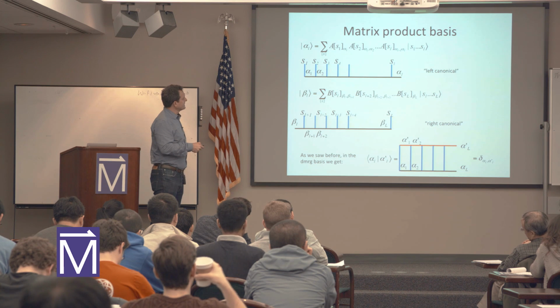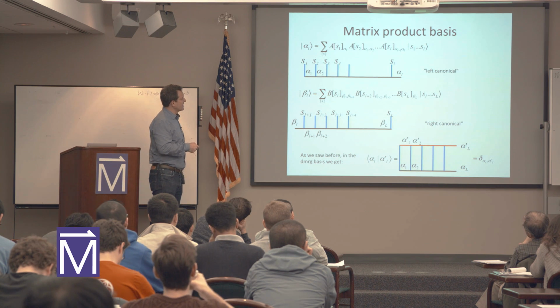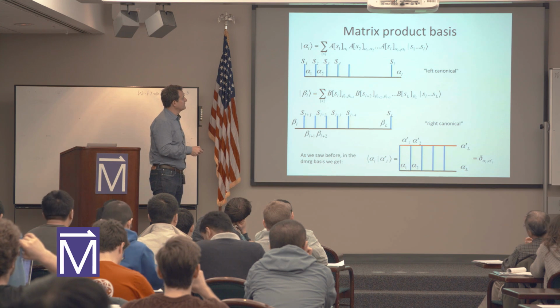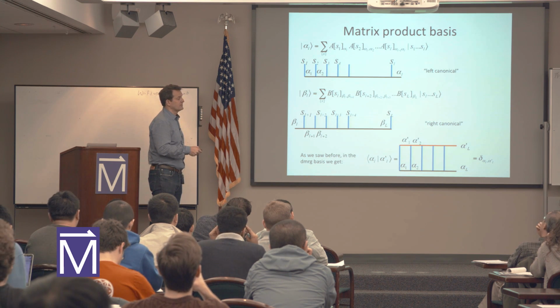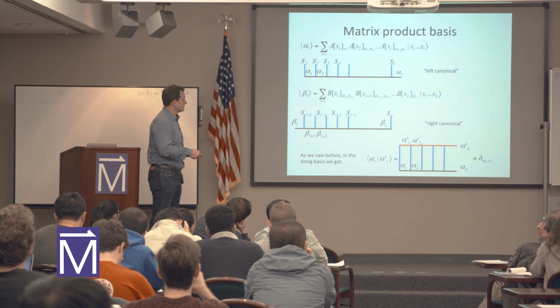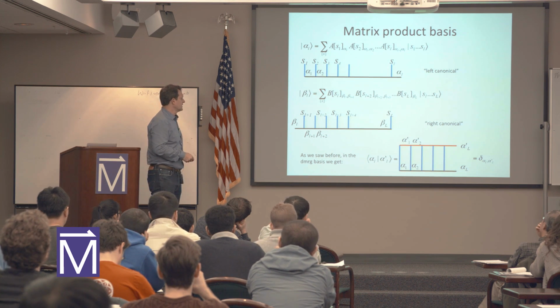So the matrix basis, you know, I told you about the left canonical, the right canonical, and the left canonical looks like this. Now, in this graphical representation, it looks like a contraction of matrices where you have this right index open. And for the B's, you have this left index open while you're contracting over all these matrices.